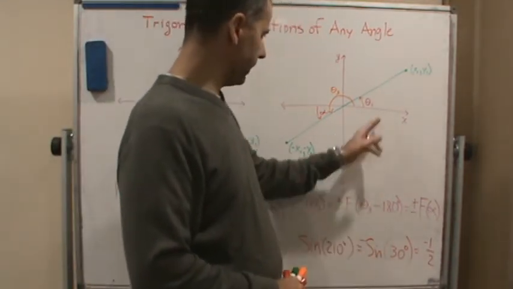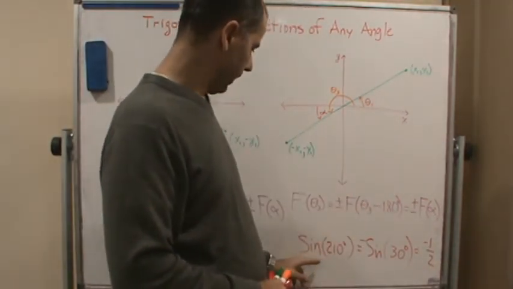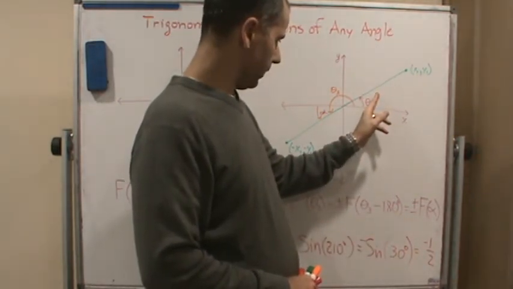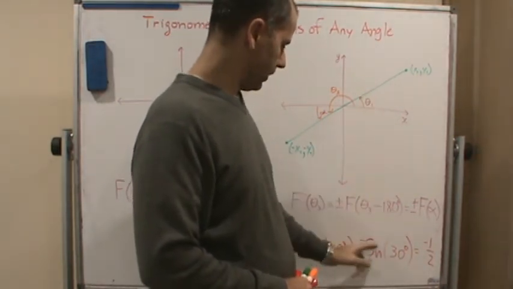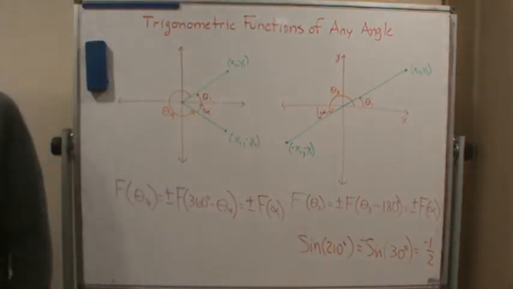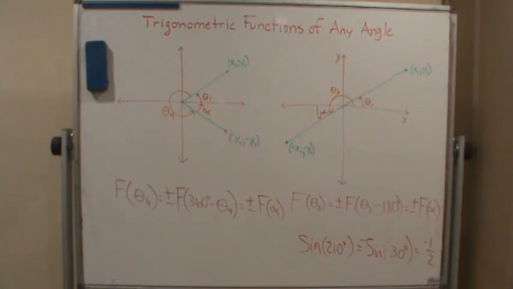Because sine of 30 degrees is 1/2, and then you take the negative of that, and you get negative 1/2 because you're going to the reference angle.